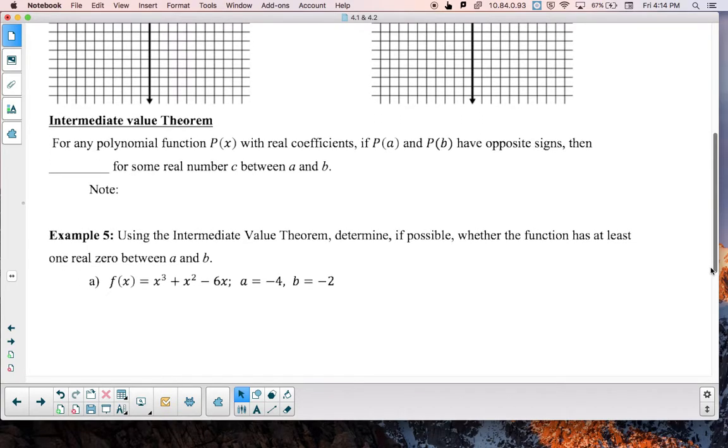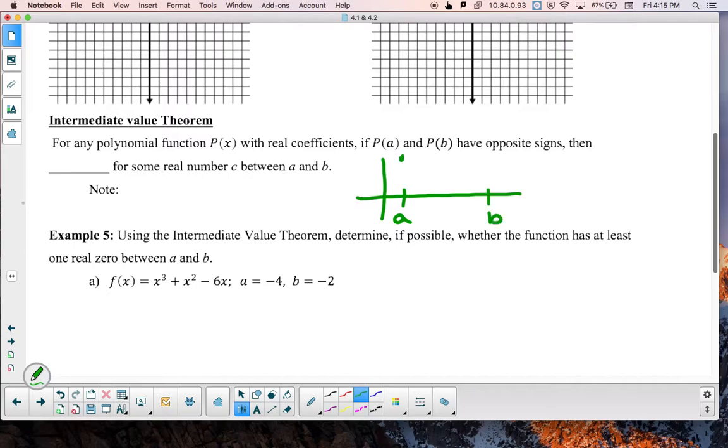What this says is that for any polynomial function with real coefficients, if P of A and P of B have opposite signs, so what that's saying is that if we have a graph and we have points A and B, if P of A is up here, P of B is down here, this means that at some point in between, we're going to have a value C such that P of C equals 0.